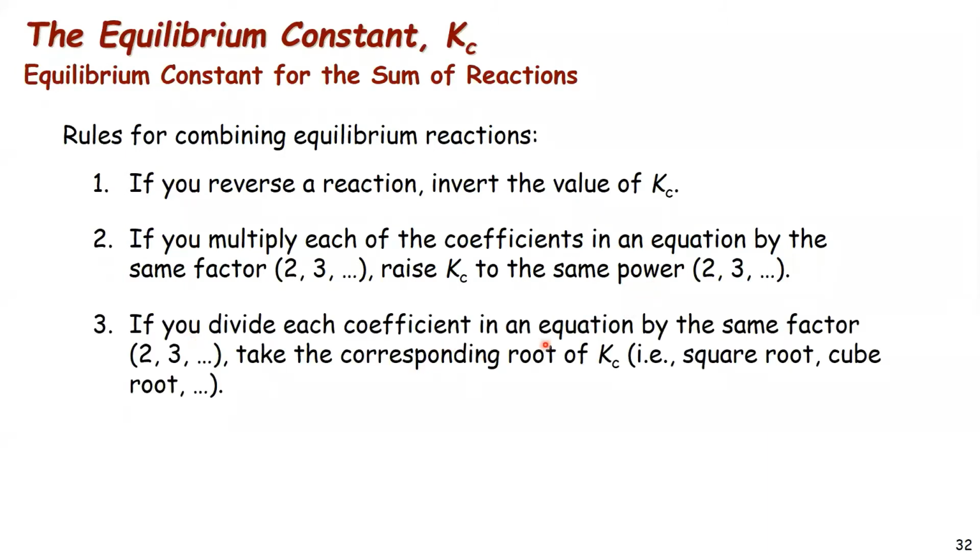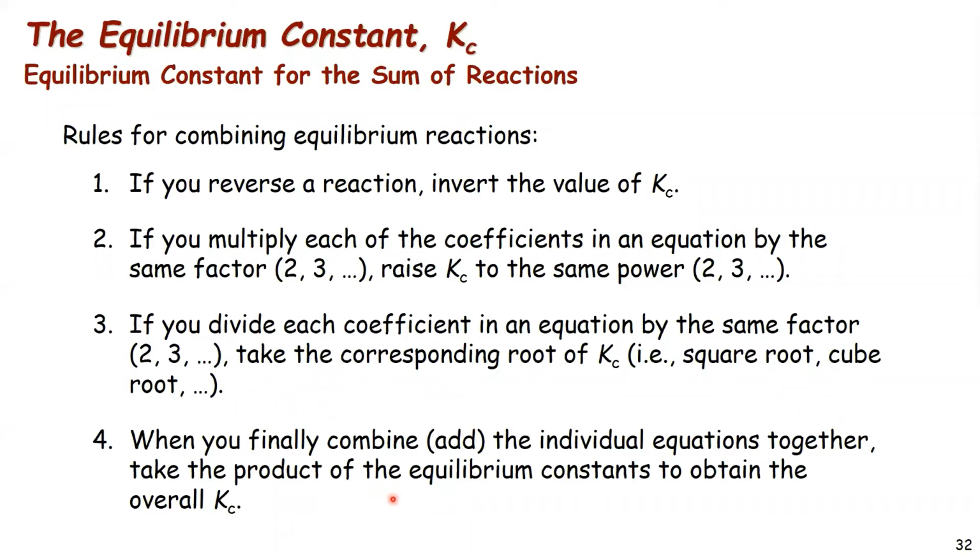If we divide each coefficient, well, we're going to have to take the square root, cube root. Now, I don't like dealing with that. So if I multiply by 1/2, which is the same as dividing by 2, I'm just going to raise it to the 1/2 instead of having to worry about all these roots, okay?